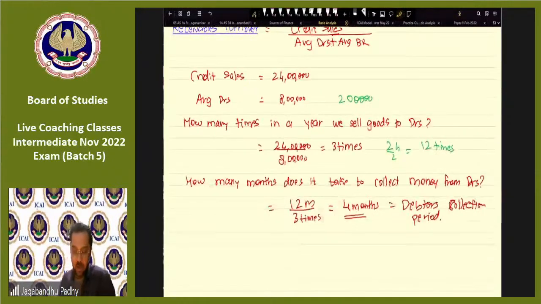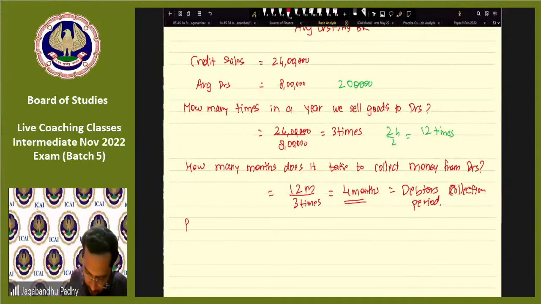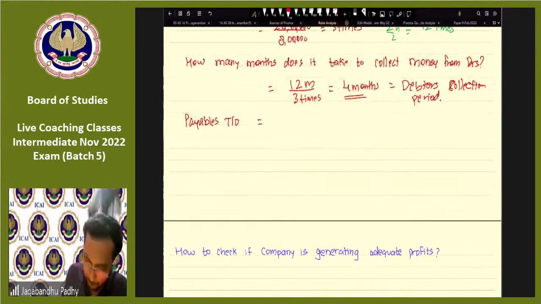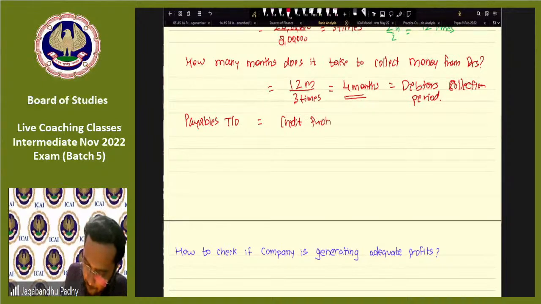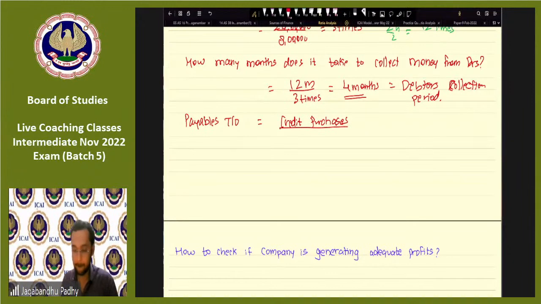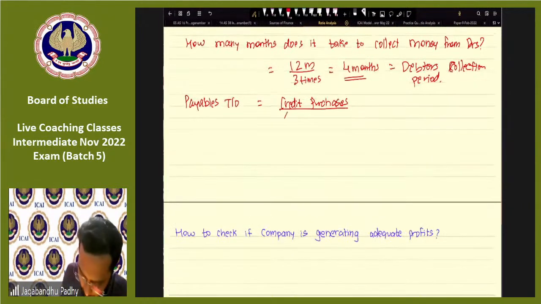Now, same way, if I ask you payables turnover, payables turnover will be credit purchases divided by average creditors plus average bills payable.